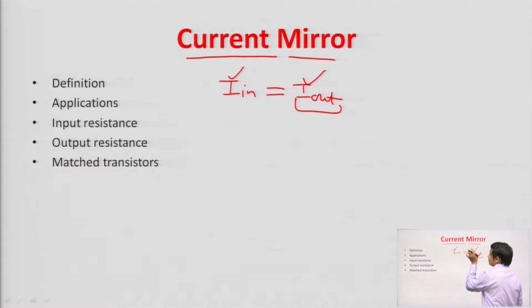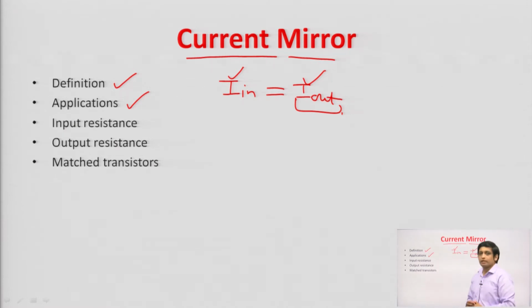That is why it is called current mirror. So, current mirror is a circuit in which the output current is the mirror of the input current, output current is equal to input current. Basically, this current mirror is used in biasing and also as an active load.